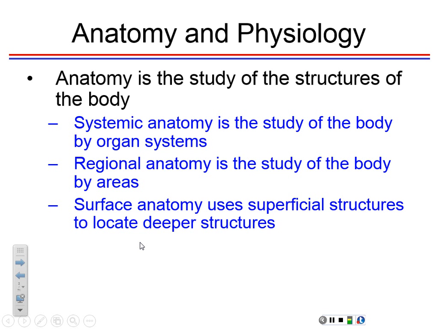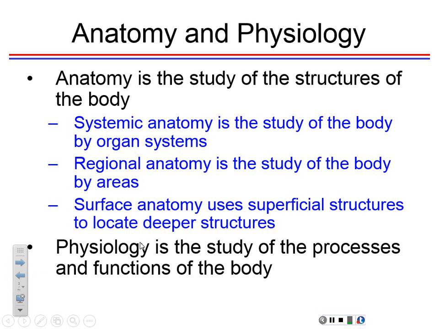The way they put their fingers on the top, and when they beat them like that, it makes a certain sound that will allow you to determine whether the person is bloated or whether there's something going on in there or internal bleeding, because it makes a different sound depending on what's going on inside. All right? I don't know if any of you have ever been to the doctor's office and they do that and then they go like this. It makes a different sound. So that's surface anatomy, and it helps us to locate the deeper structures.